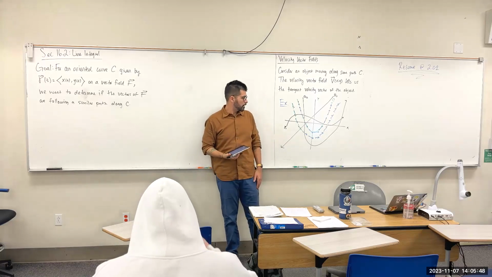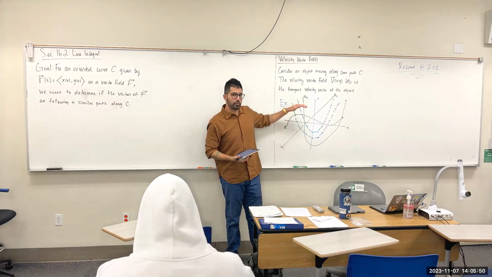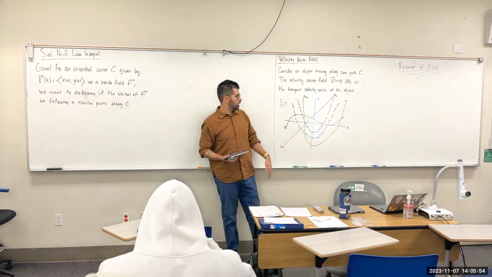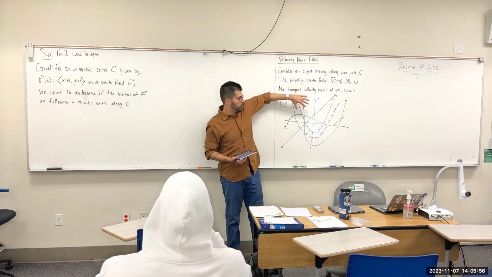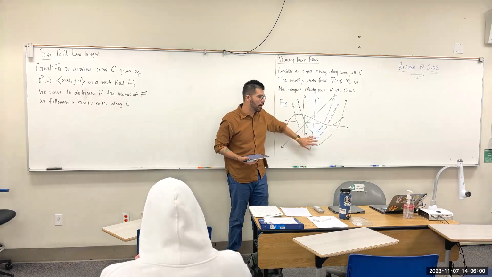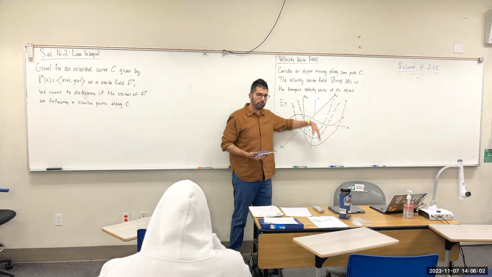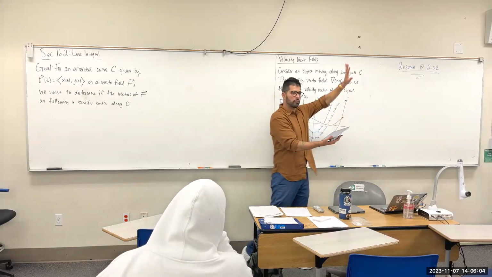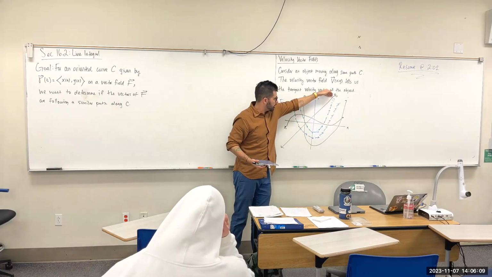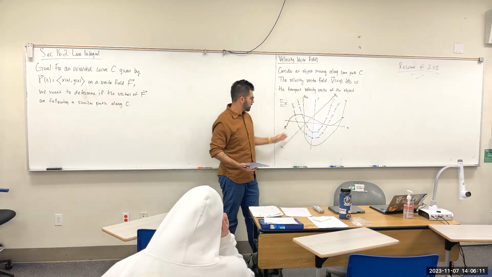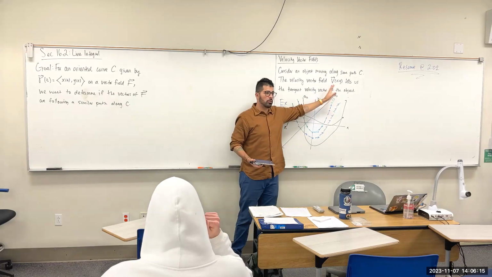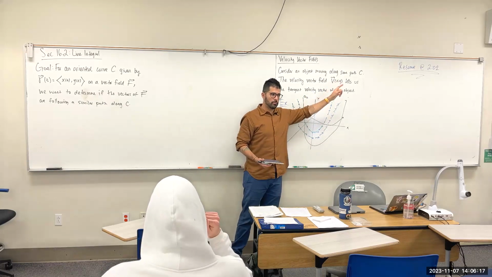I can either say, is my path flowing with the flow of the vector field? Or I can think of it as, are the vectors of my vector field also agreeing with the path of C? Do they seem to follow the path? Or like bird number 3, this bird's flying from the top right to the bottom left, but my vector field's vectors are doing something totally different here, right? They're going the other way.